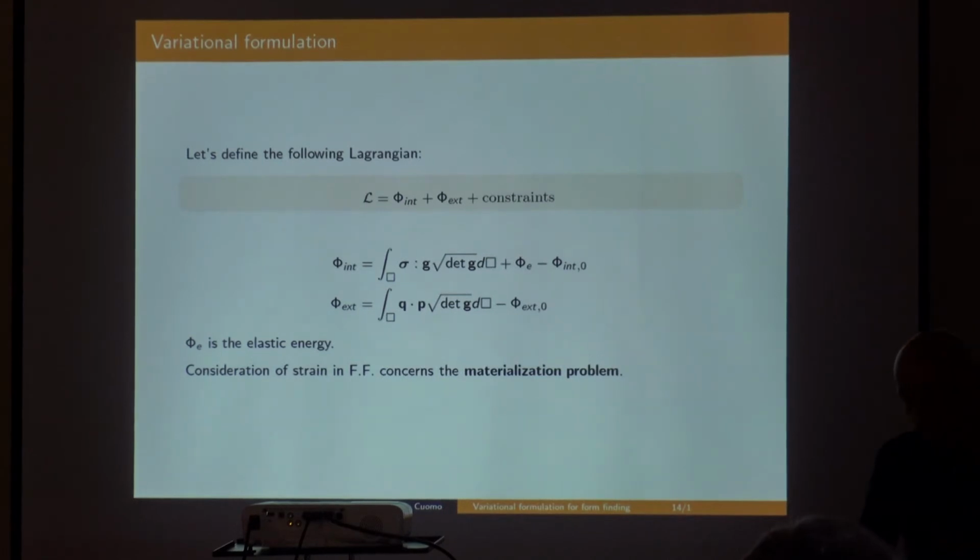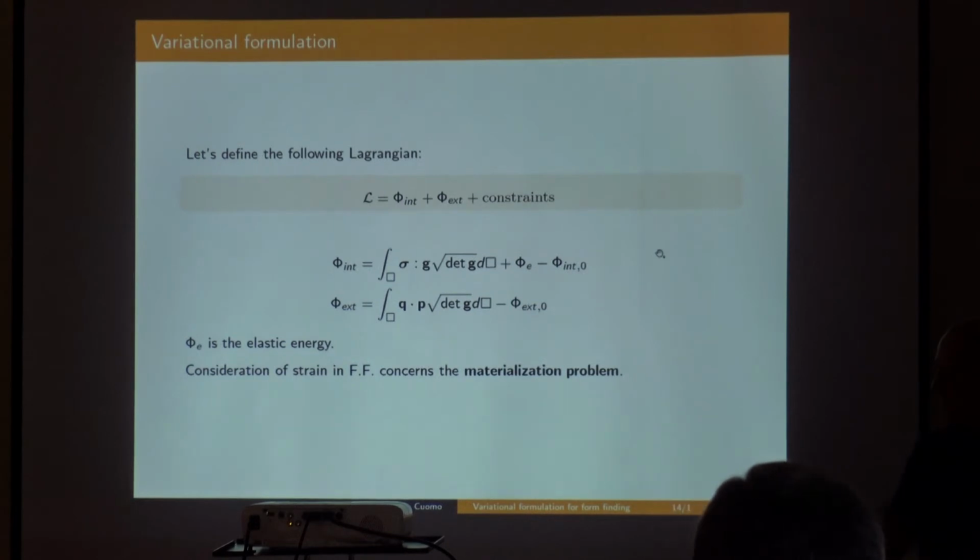It is the dot product between the Cauchy stress and the metric of the equilibrium configuration. Eventually, we may have some elastic energy if we consider deformable membranes, but if I have time, I will tell you later that this is very difficult to do. And minus some reference internal configuration.